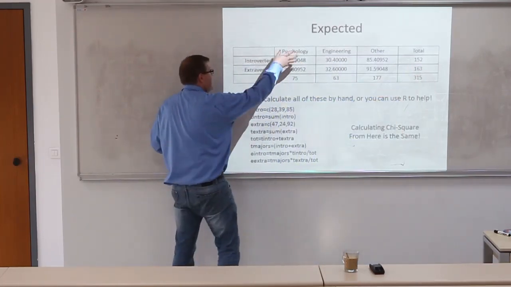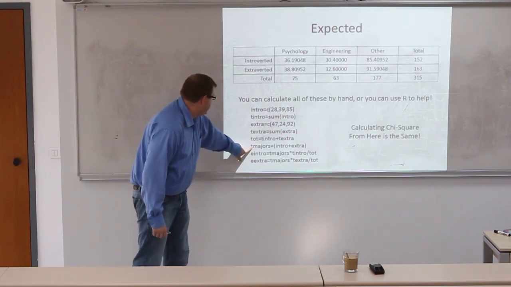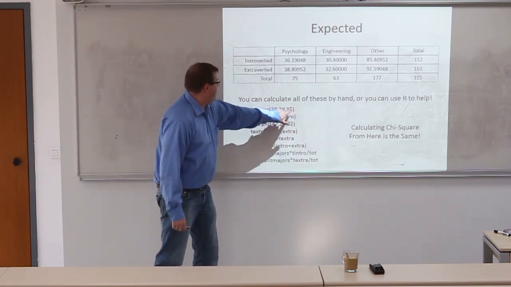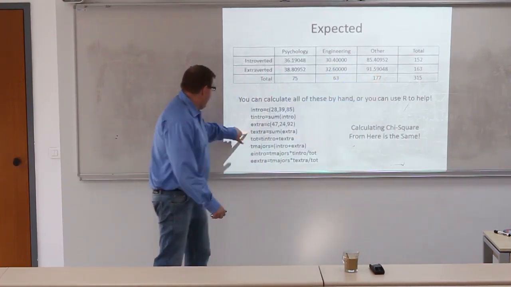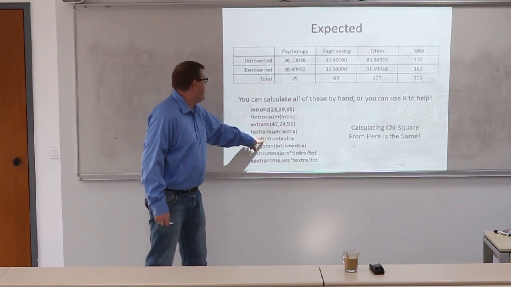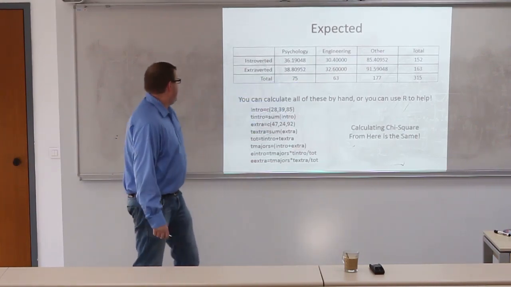If I want the totals for the different majors, all I have to do is add intro and extra, and I will get three values, which tell me these totals right here. I also got the overall total, which is just the sum of the total for introverted and extroverted.